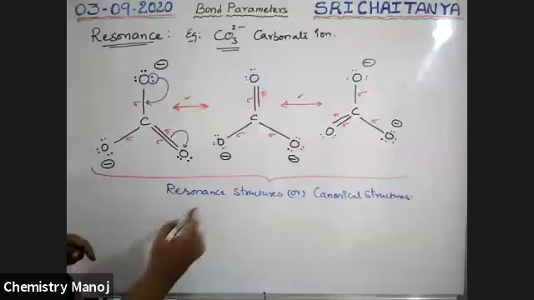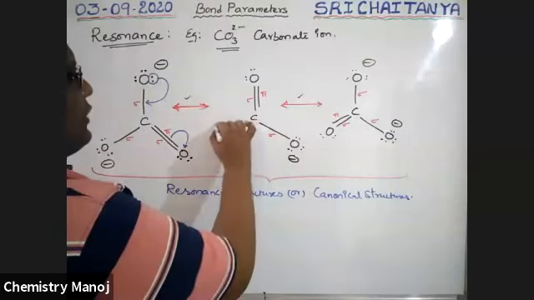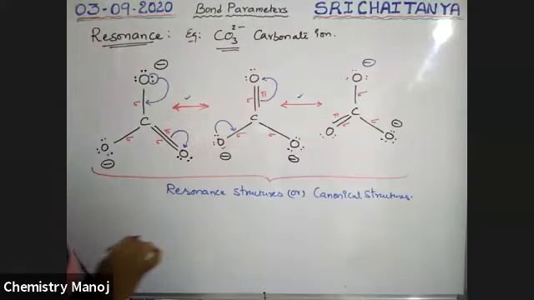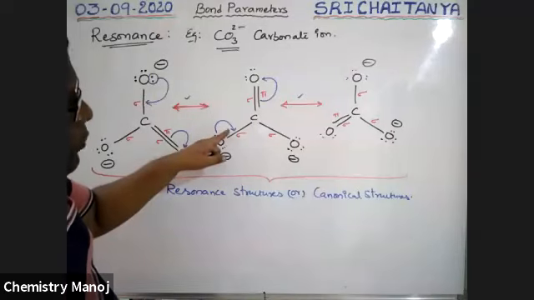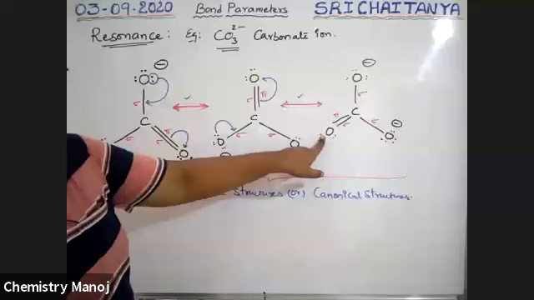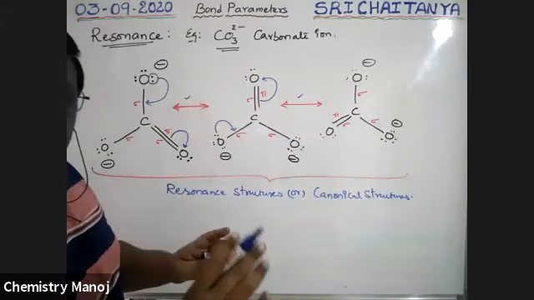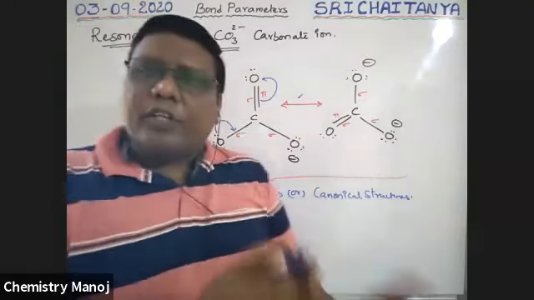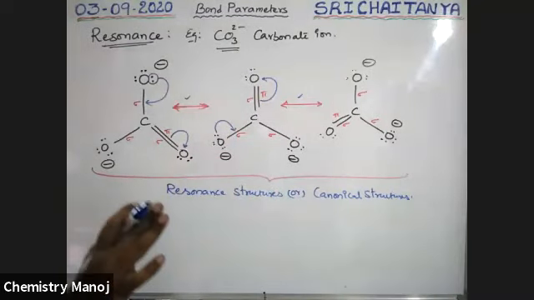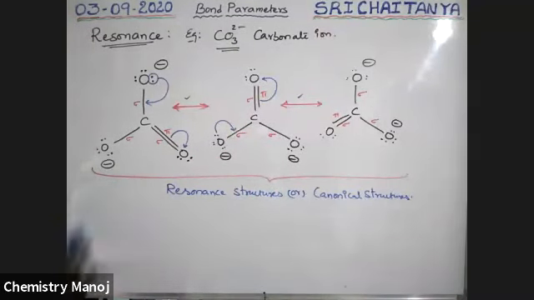Now see here. This lone pair is involved here, and this pi bond is like this. That means lone pair is changed to pi bond and pi bond is changed to lone pair. Now this structure has happened. Atom placement is not changed, sigma bonds are not changed, only pi bonds and lone pair positions are changed.